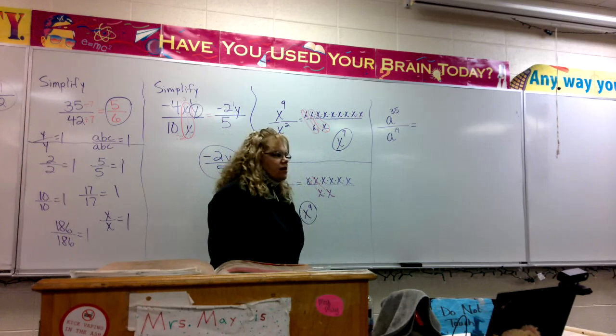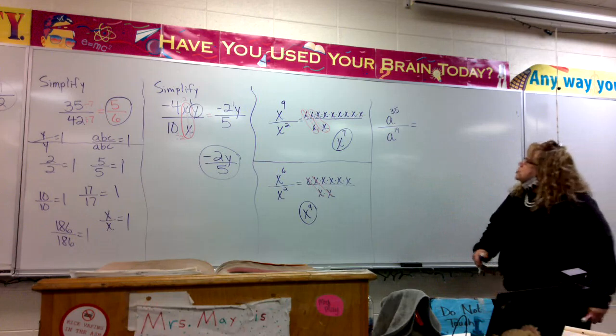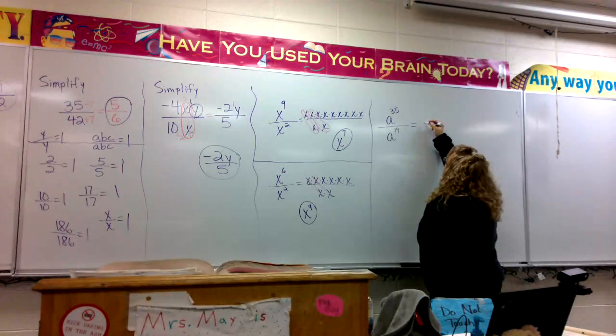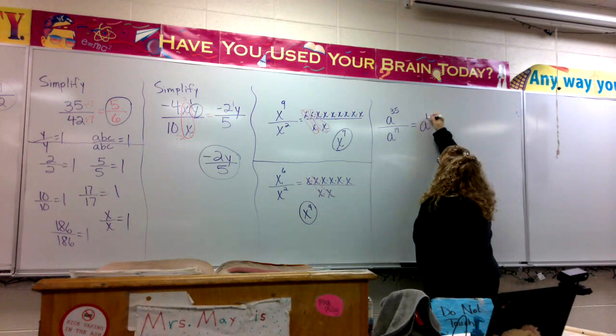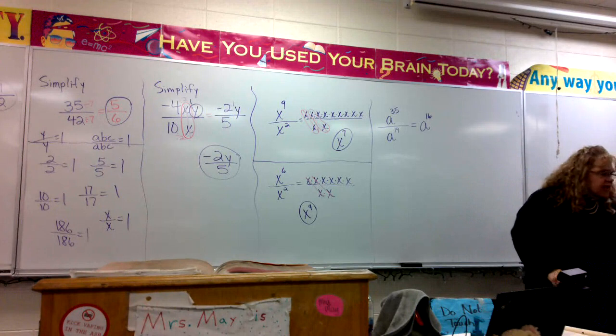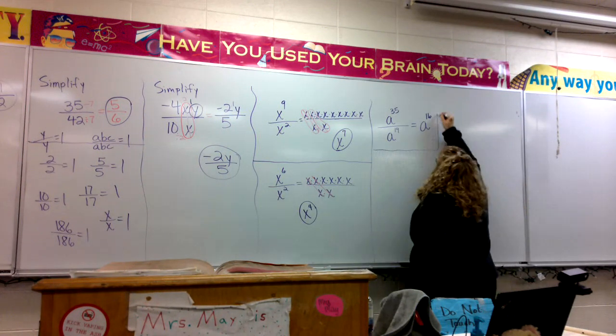The rule says all you have to do is subtract those exponents, thankfully. So what is 35 take away 19? 16. So I have a to the 16th. And that's it. That's all you have to do is subtract them, thankfully.